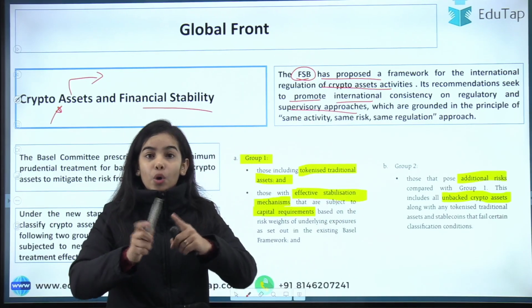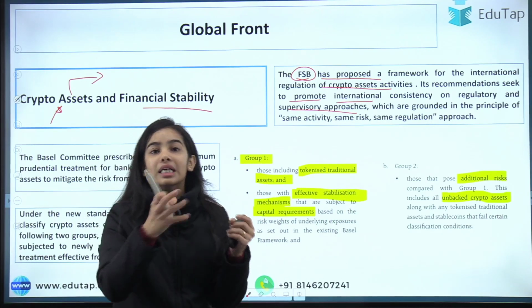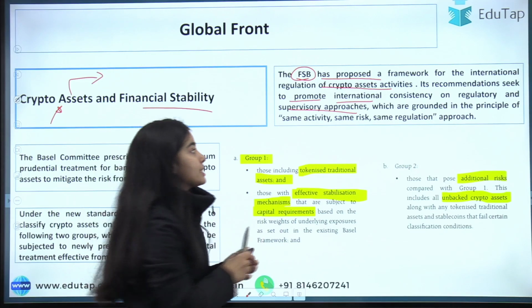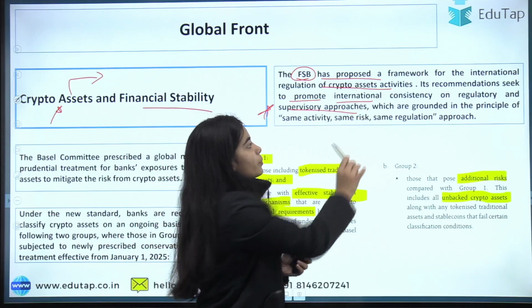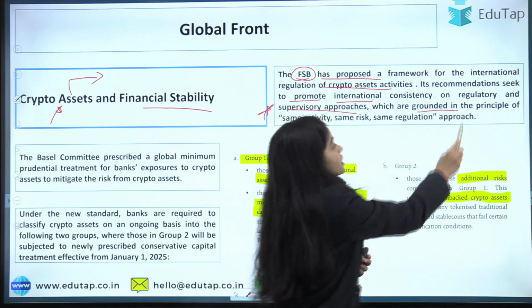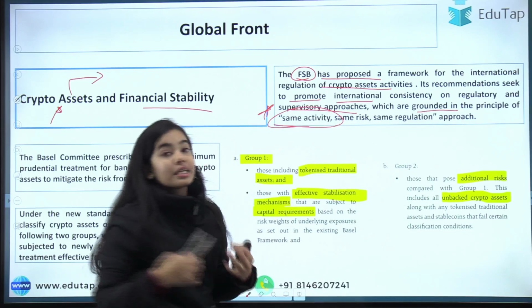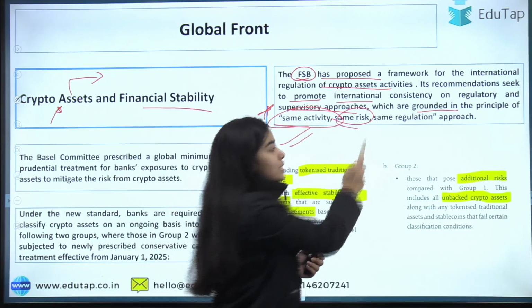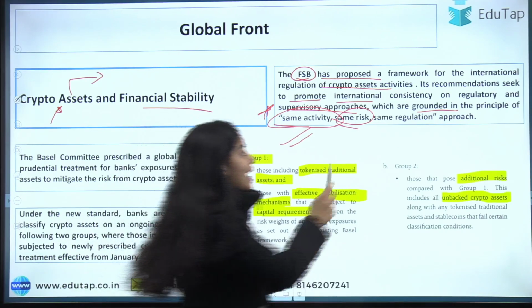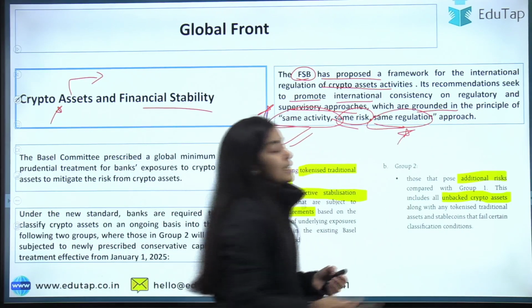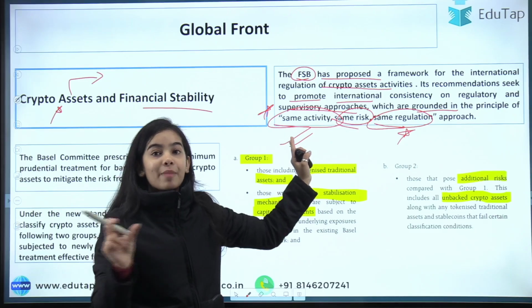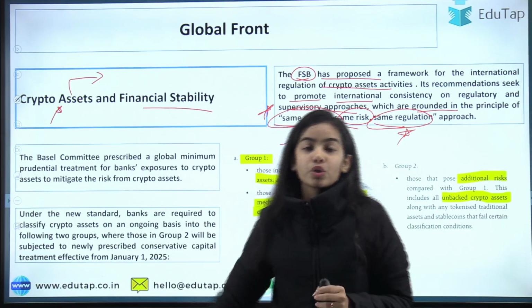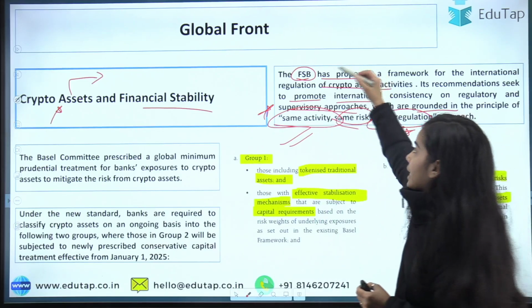That is, all the countries should have a consistent and same regulatory and supervisory approach towards crypto assets, grounded in the principle of same activity, same risk, same regulation. So this is what the Financial Stability Board has said.